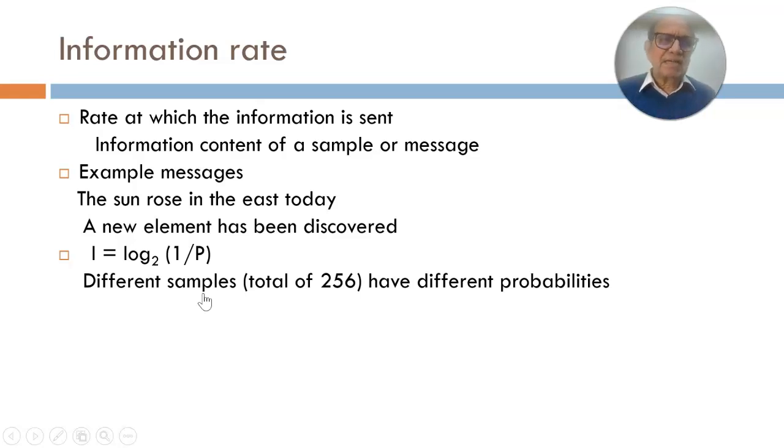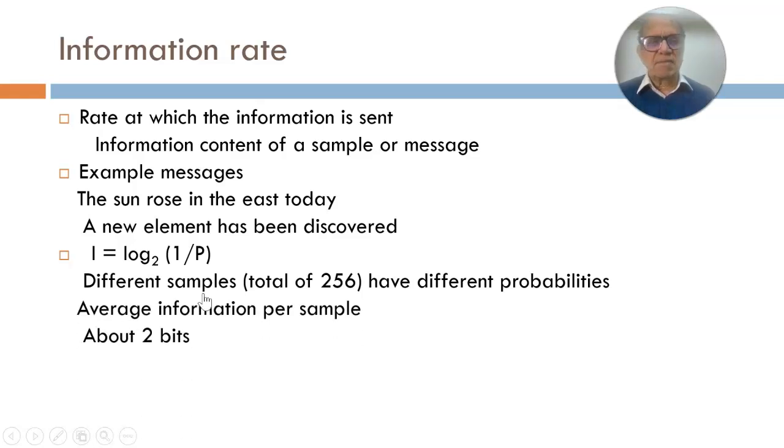Then if you consider the second message, its probability of occurrence in general will be different, and the information carried by it will therefore be different. In that case, how do you summarize this information content? What you do is calculate the average information per message, and there are ways of doing it which later on we'll study. But for the speech signal, using some empirical techniques, the average information per sample can be found.